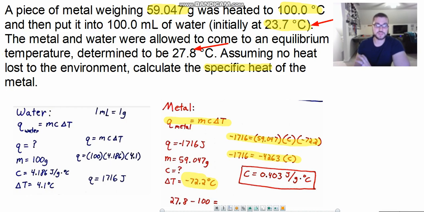Now notice, because I was careful and gave the Q value a negative sign, and did the delta T correctly and gave it a negative sign, when you take a negative divided by a negative, you get a positive. This is what you want, because I was able to solve for the value of C, or specific heat. Notice my specific heat is a positive number. Your specific heat, remember, is the amount of energy it takes to raise the temperature of this substance. It can't be a negative number. It can't take negative heat to heat something up.